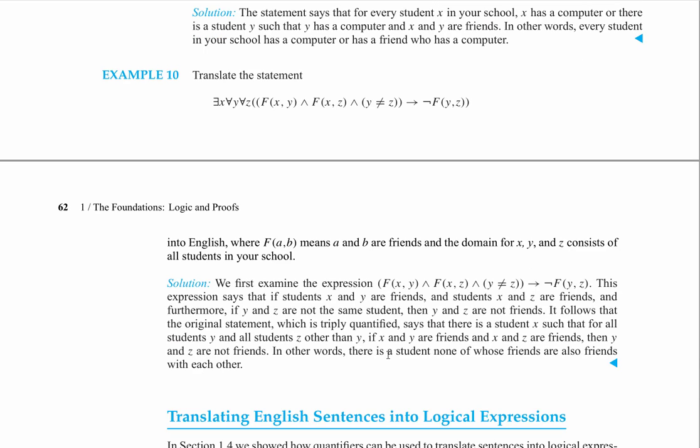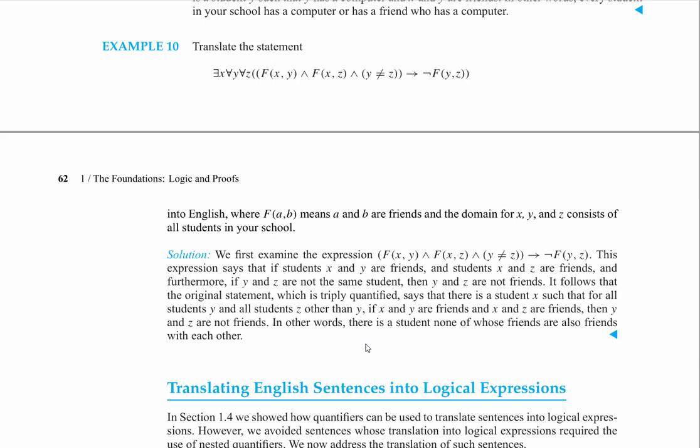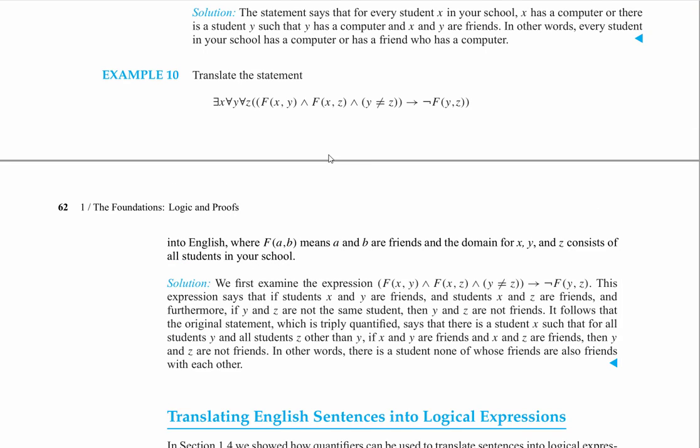I think that's what they're saying here. So if this x is friends with two other students, y and z, then y and z are not friends with each other.